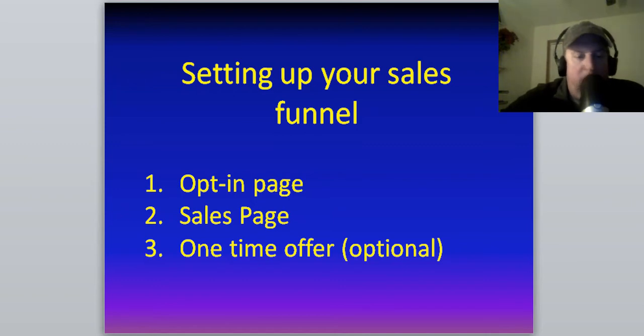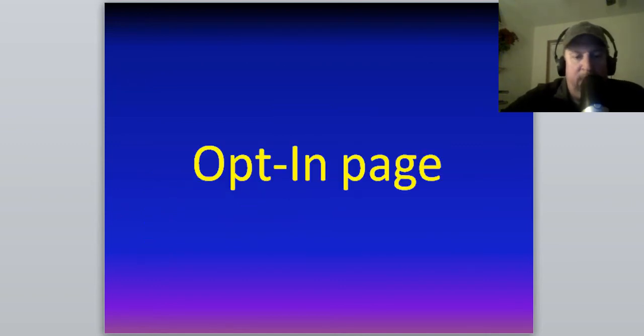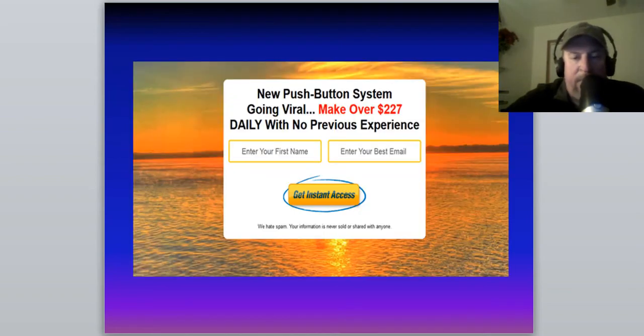And so what an opt-in page is, it's going to be a page that will solicit an email for something, whether it be a free report, free video, whatever it may be. For example, this is an opt-in page. This is an actual image of one of our opt-in pages.